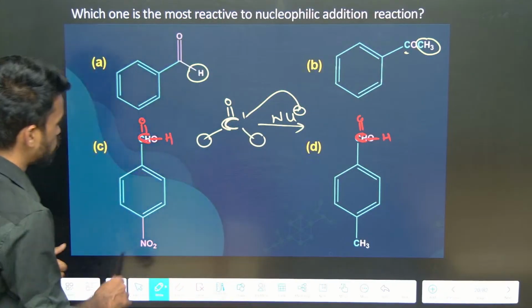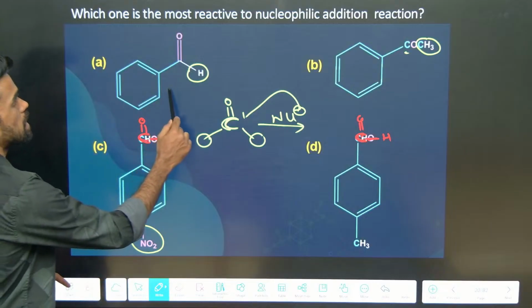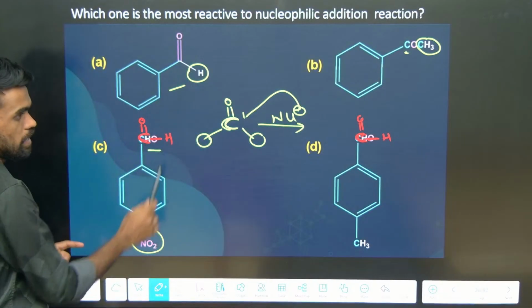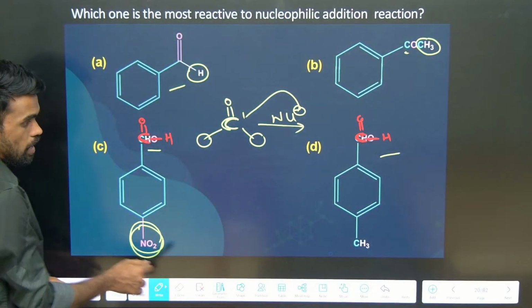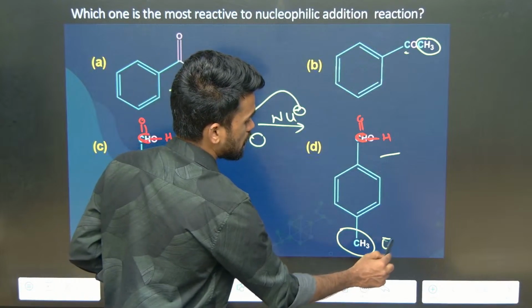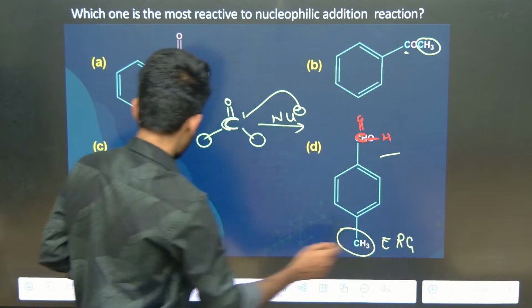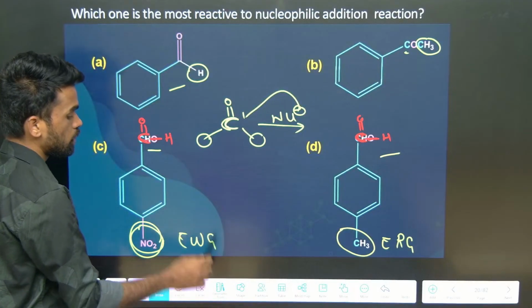Now tell me, what type of group is attached here? NO2. See, this is also aldehyde, this is also aldehyde, this is also aldehyde. But what type of group do we have here? And what type of group is it here? Methyl. So it is an electron releasing group. And what type of group do we have here? Nitro, which means it is an electron withdrawing group. Now what will it do?